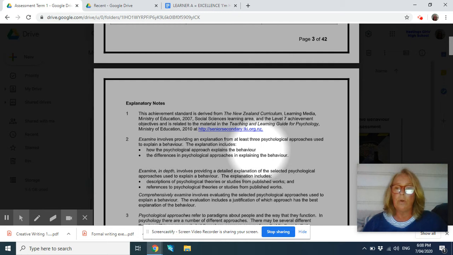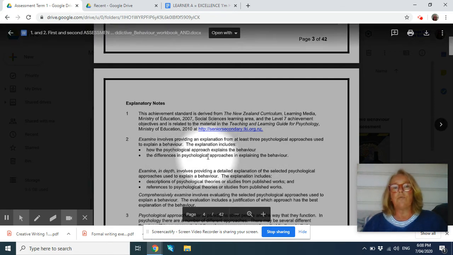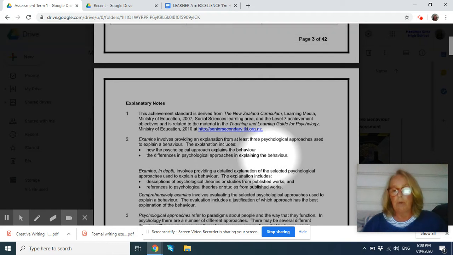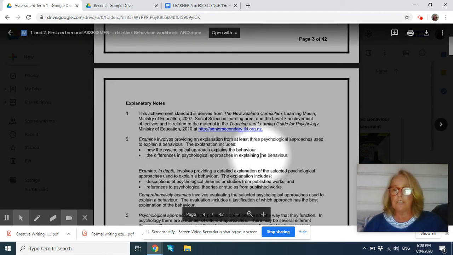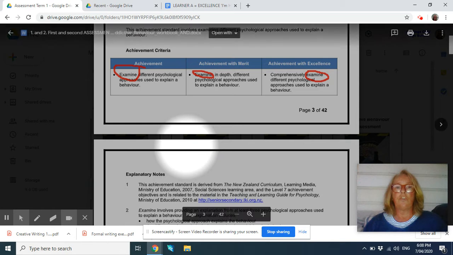For example, an alcoholic behavior might be explained by a biologist as a genetic defect, whereas for a behaviorist, they might explain it through peer pressure or parental experiences in the home, or stress or the rise to fame. So there might be a number of things that they might say are different. So if you can do that, that gives you an achieved.